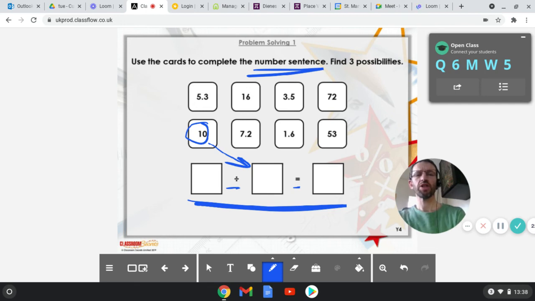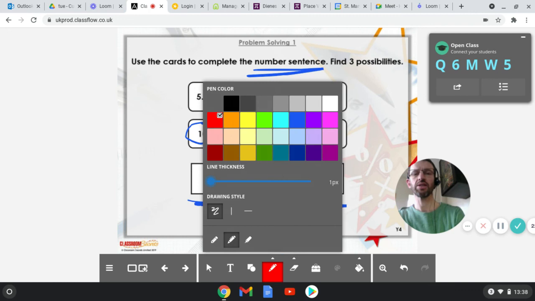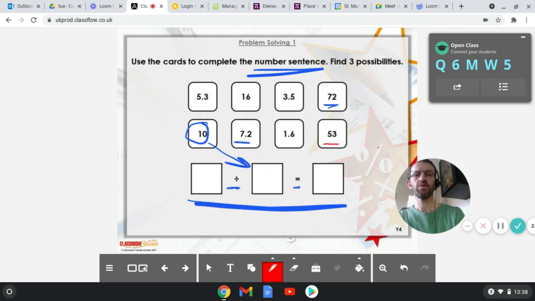Small numbers I'm looking at now and big numbers. I've got numbers like 72, and can you see its partner? Exactly, 7.2. If I look at 53 and its partner is 3.5.